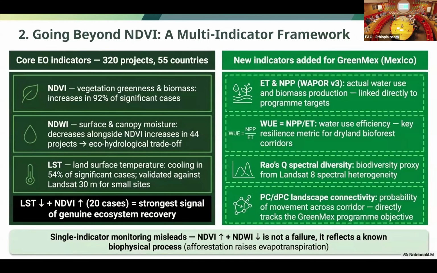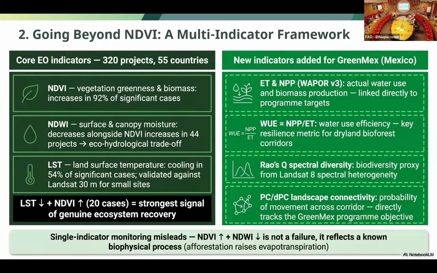the next slide. For the GreenMex application in Mexico, we added now the full evaporative stack: actual evapotranspiration, net primary productivity, and water use efficiency. And we know that water use efficiency, in particular NPP divided by ET, is the right metric for dryland biocultural corridors, where the policy objective is not just greenness, but resilient water use.